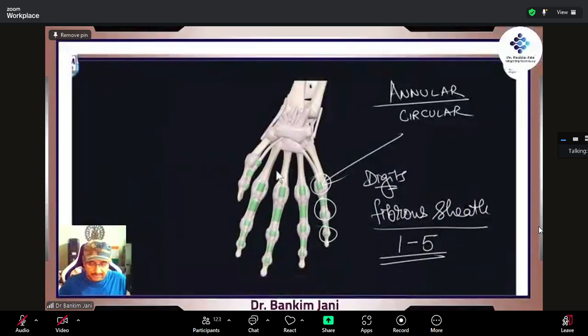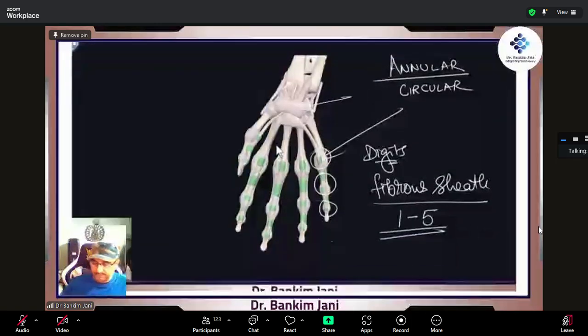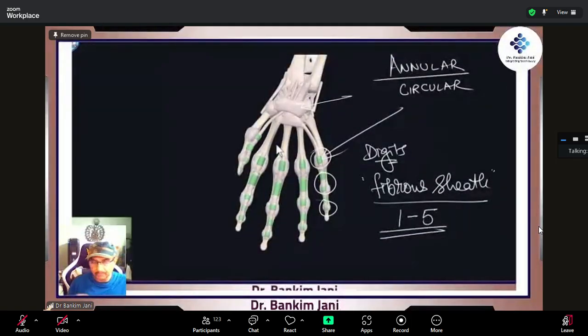So let's see it in slightly more detail. Flexor retinaculum is over here. But when it comes to those joints, even the joints are very properly secured. These joints have the fibrous sheath. They are called the fibrous sheath. Fibrous sheath, as if someone has put those sticking plasters, right? So there are two types. One is the circular one, which is like a tube.